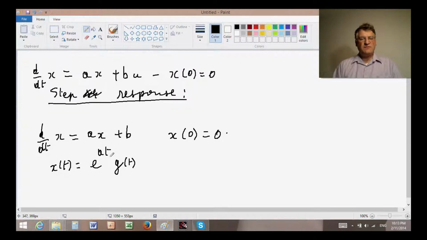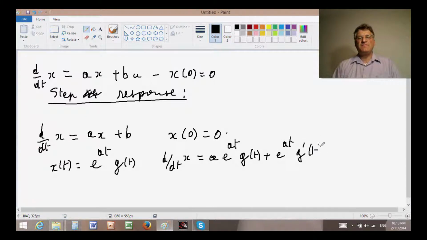When we plug this in, we obtain that d/dt of x is equal to a e^(at) g(t) plus e^(at) g'(t). Since d/dt of x is equal to ax plus bu, this must be equal to a e^(at) g(t) plus b.